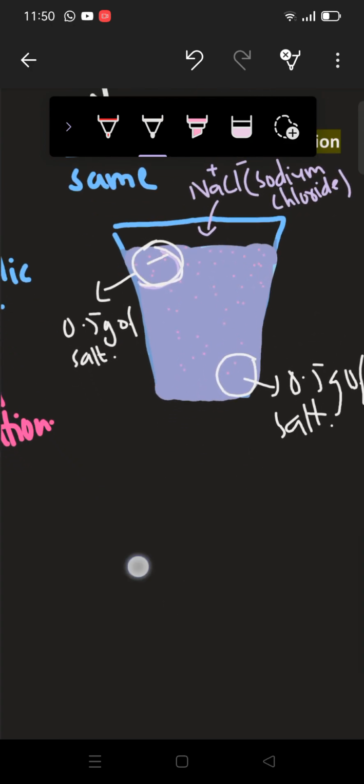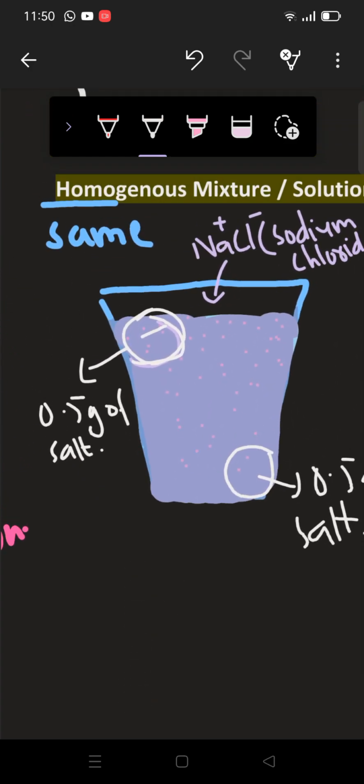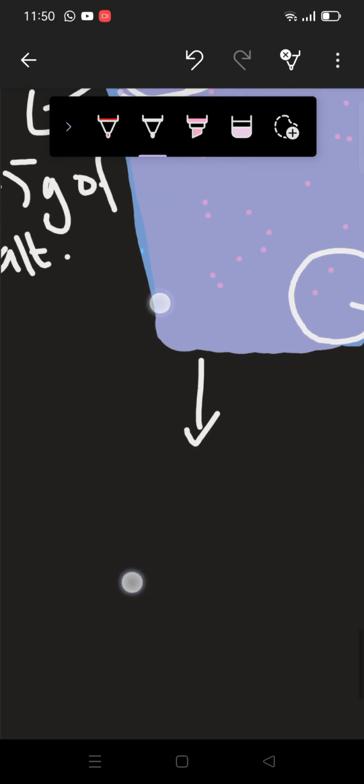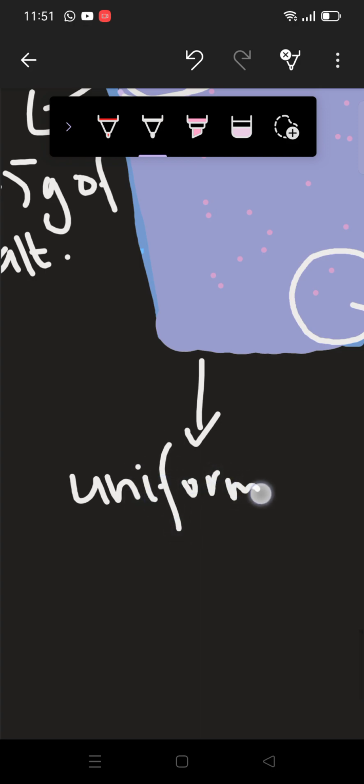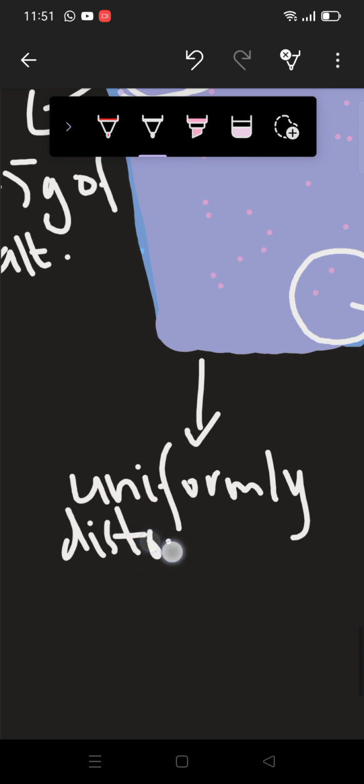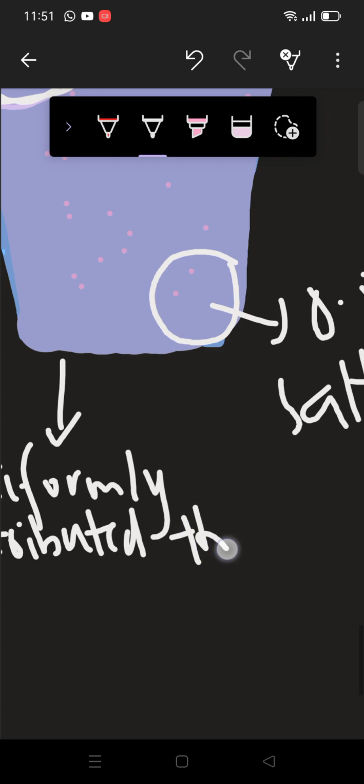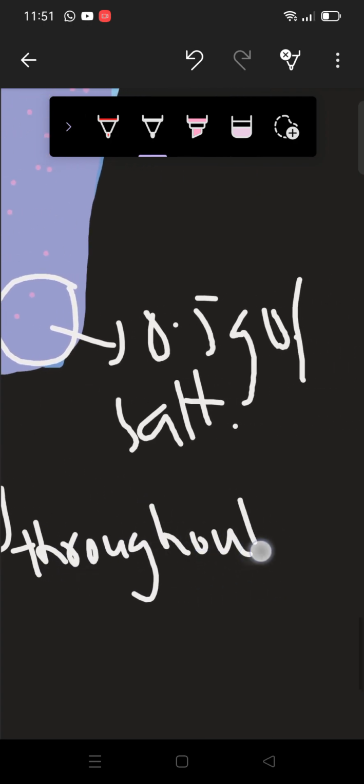So this is basically known as homogeneous mixture, in which the particles are uniformly distributed throughout the substance.